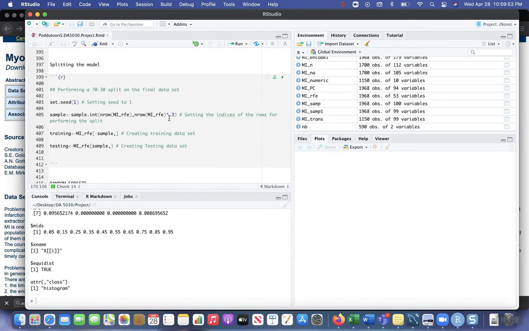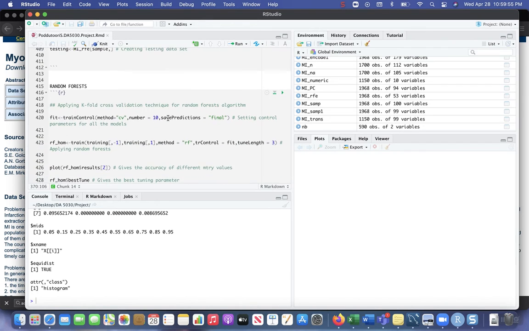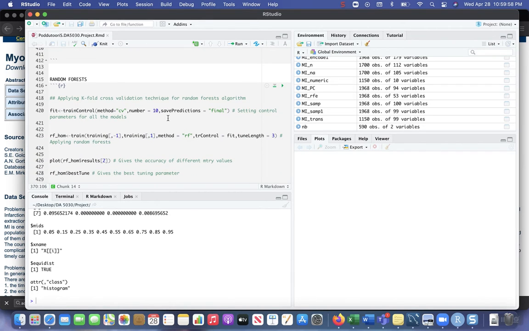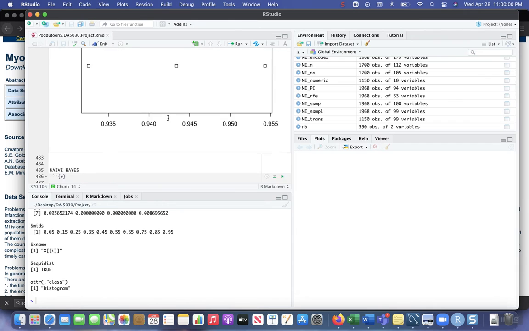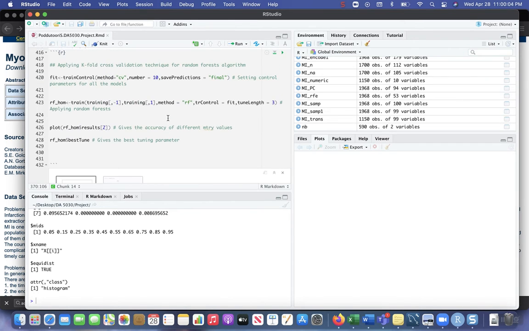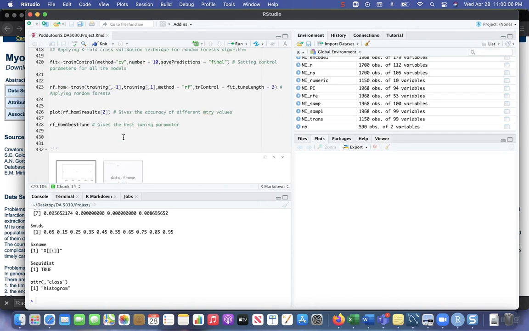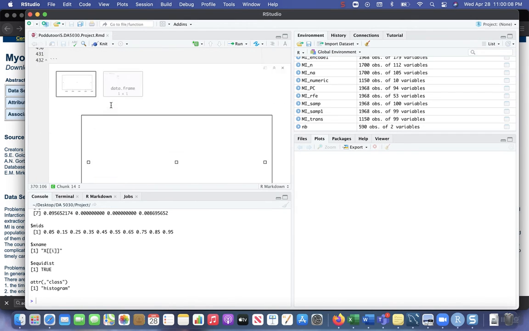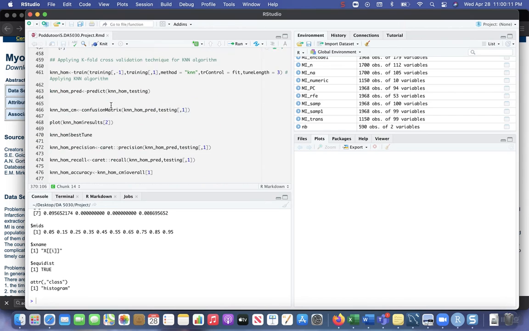I'm splitting the data as per a 70-30 split. And the algorithms I chose are random forest, naive Bayes, and KNN. Random forest gives me the best accuracy so far.